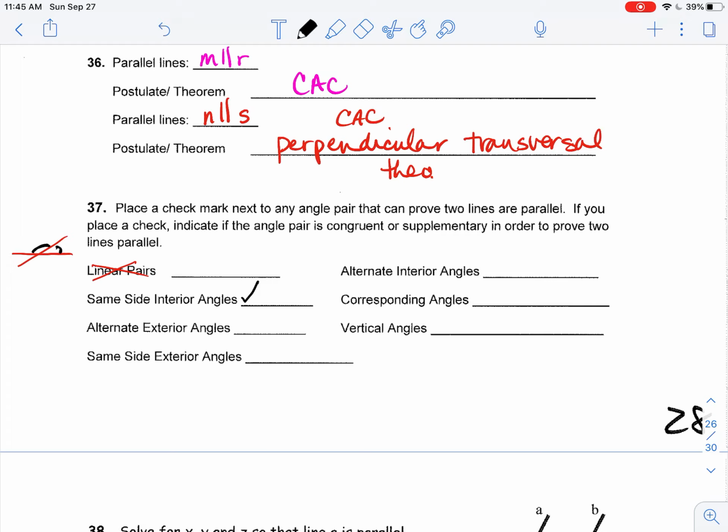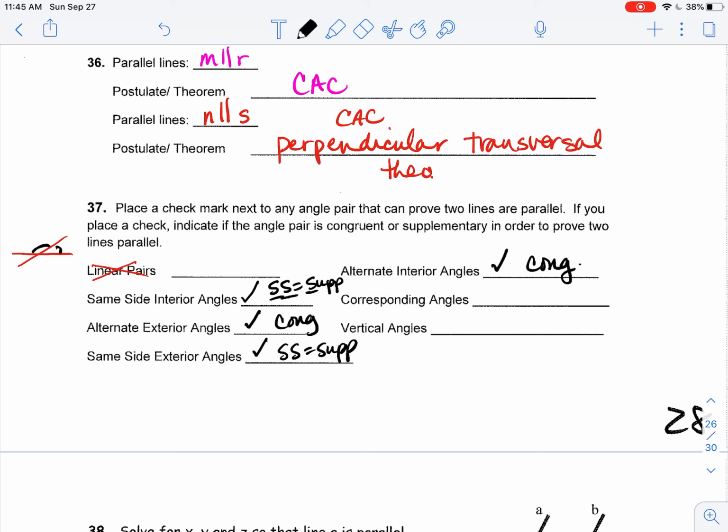Same side interior angles do, and they are supplementary. And I always remember SS, same side, supplementary. SS, same side supplementary, and those do prove lines are parallel. Alternate exterior angles, yes, those are congruent. Same side exterior angles, that also, same side supplementary, will prove lines are parallel.